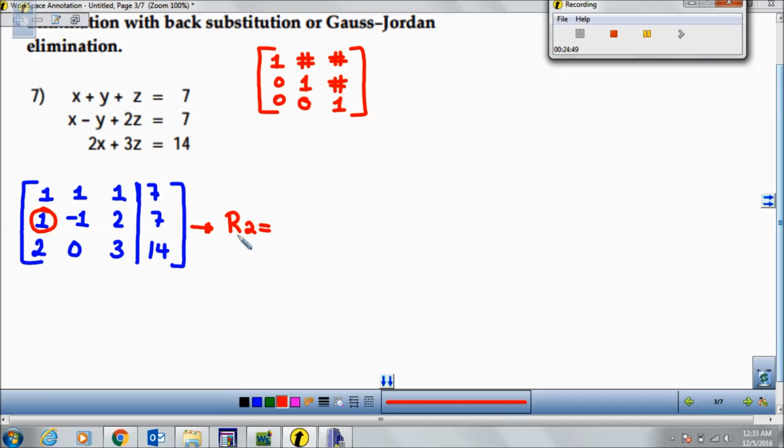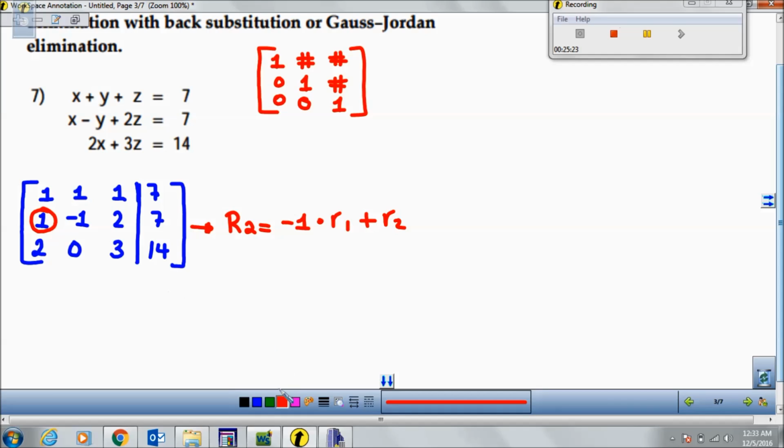So we're going to do that by doing -1 times every number in row 1, and then we're going to be adding that to every number in row 2. So why am I saying that? Because if I do -1 times the one on top of the one that I circled, -1 times that one is -1, and then you add it to this one that I circled, and that's 0.